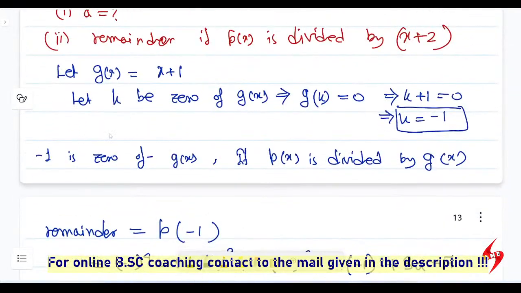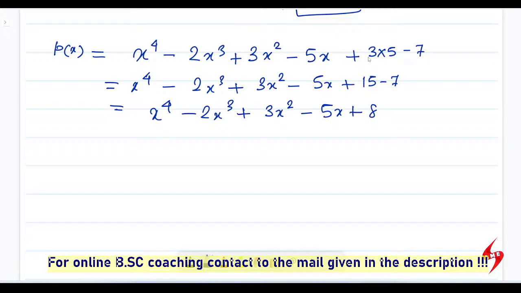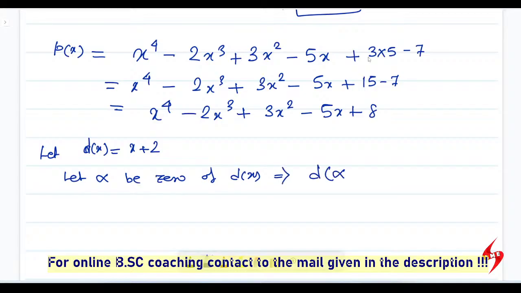Next question is, what is the remainder if p of x is divided by x plus 2? So at first we should find out the zero of x plus 2. Let g of x be x plus 2. Let alpha be the zero of g of x. So definitely g of alpha will be 0. That is alpha plus 2 will be 0 and alpha will be minus 2.